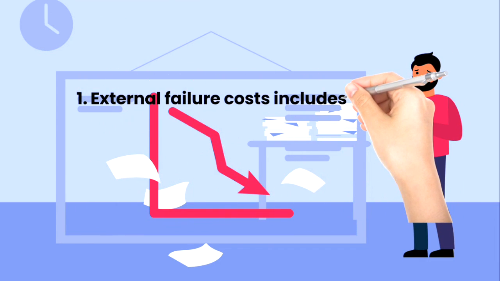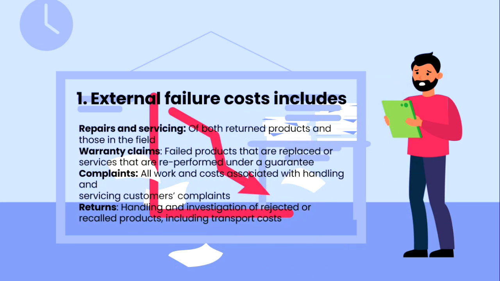They could include repairs and servicing of both returned products and those in the field, warranty claims, failed products that are replaced or services that are re-performed under a guarantee, complaints, all work and costs associated with handling and servicing customers' complaints, returns, handling and investigation of rejected or recalled products including transport costs.